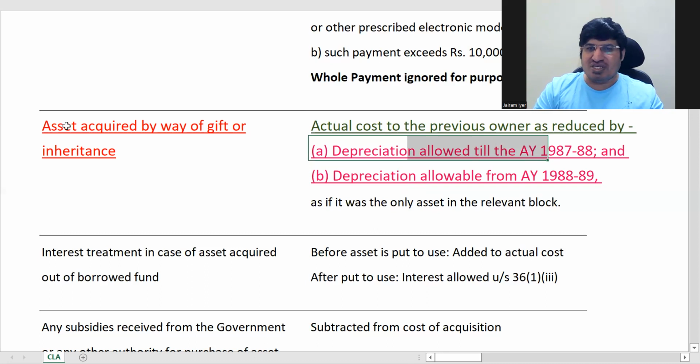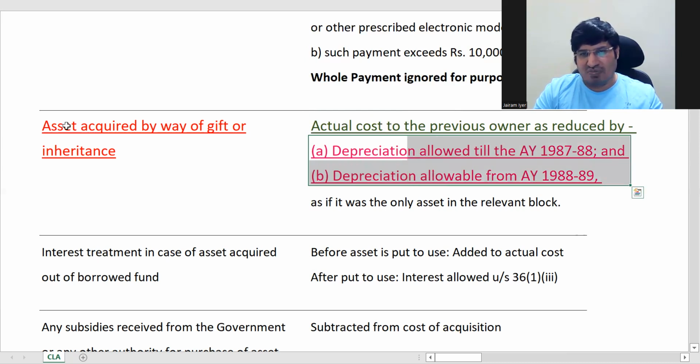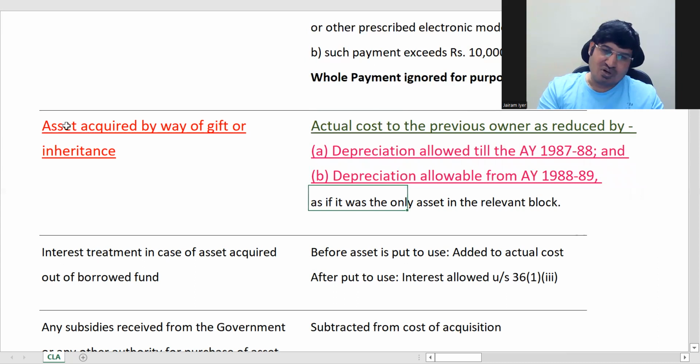That's why depreciation allowed till 87-88 and depreciation allowable after 87-88 from AY 88-89. So take the actual cost of the previous owner and deduct this total accumulated depreciation. That will be your actual cost.